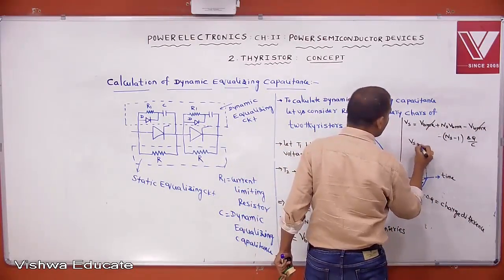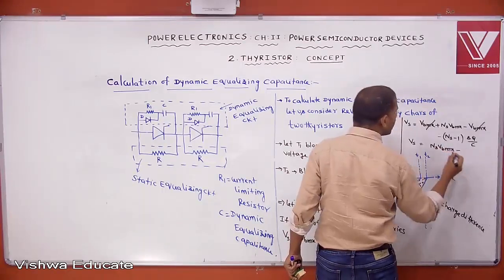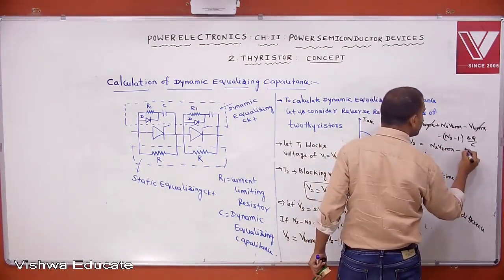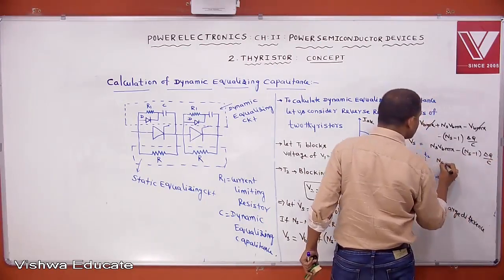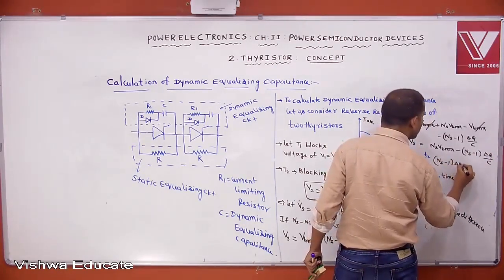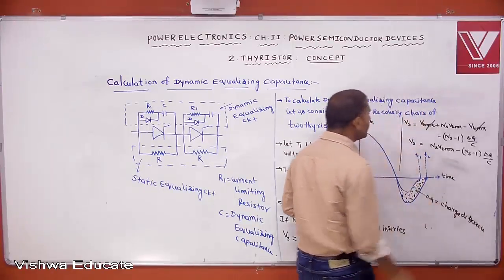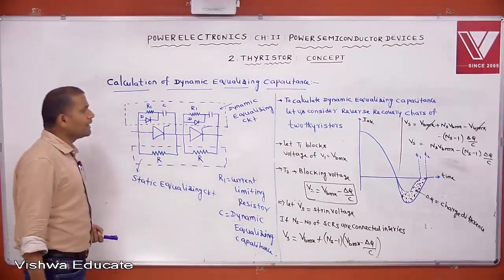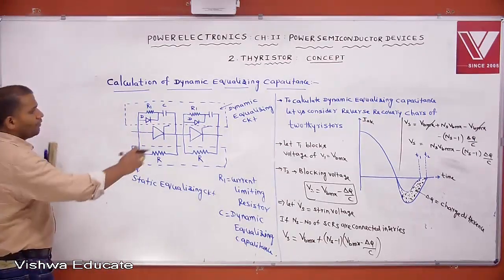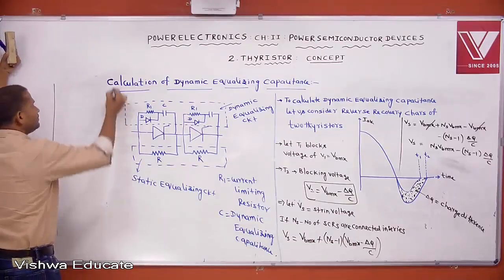Then Vs equals Ns into VBMX minus Ns minus 1 into delta Q by C. From this, what can you calculate?